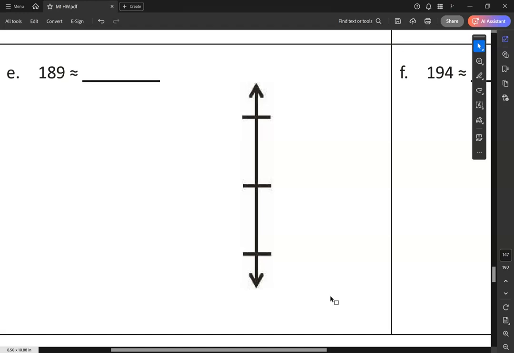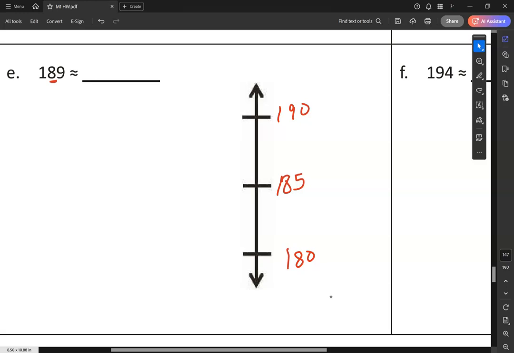We're still rounding to the nearest 10. The hundreds is going to stay the same. Now, 89. 89 is in between what two tens? 80 and 90. What's our halfway? 185.